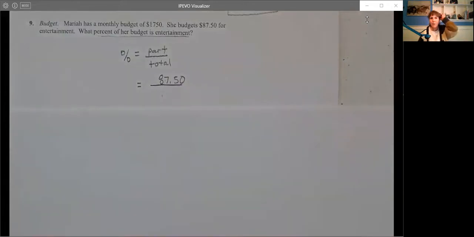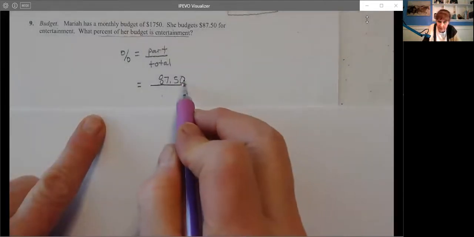I just want you to be aware it's not always the smallest number in the numerator. Be aware of that, because if you gain, you know, 200% or 300%, then your numerator is going to be larger. So just keep that in mind. Don't always just stick the smallest number in the numerator. So this is the entertainment.